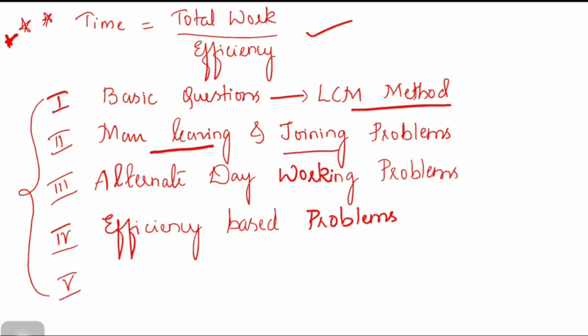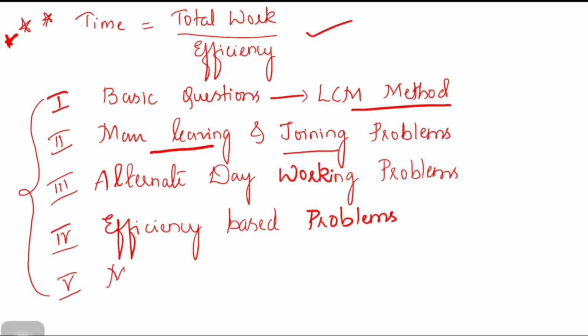Or if B is less efficient than A, or A is less efficient than B, how much time will they take to complete the work? So if any efficiency based question is given, how to deal with those types of questions and how to solve them, that comes in efficiency based problems.